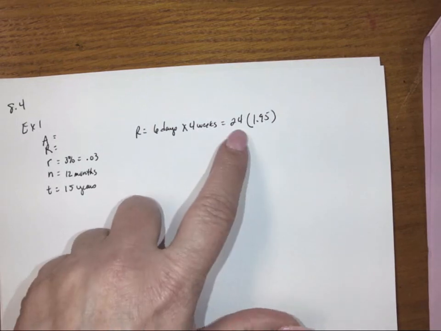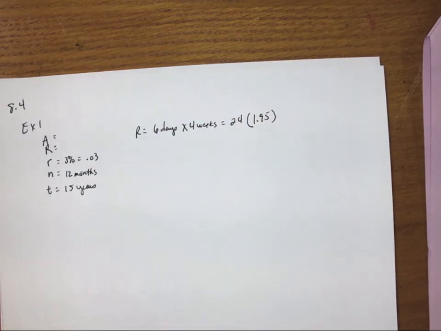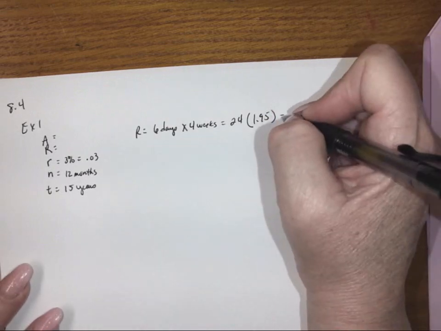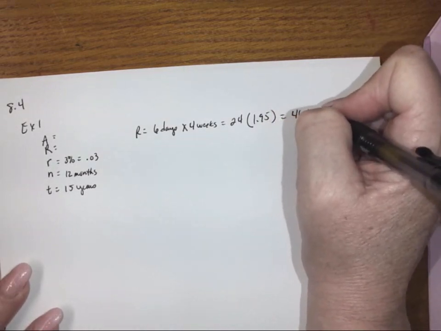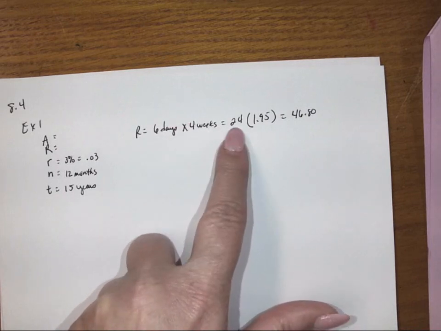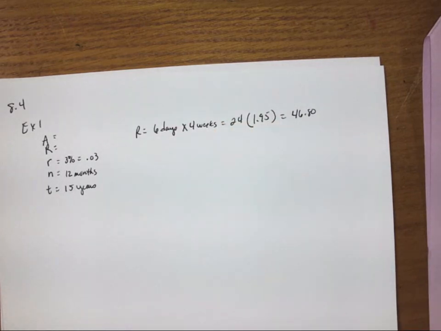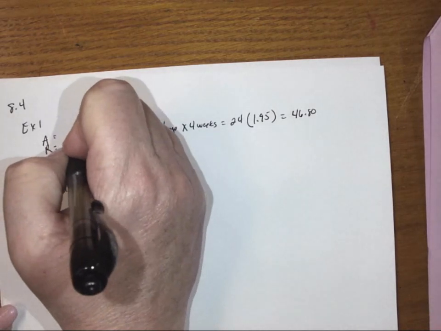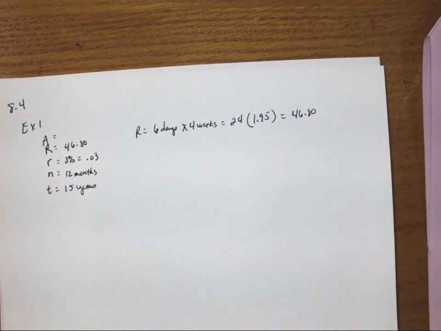He's spending $1.95 each time, so that's a total of $46.80. So we've got to figure out how many times it's happening in your month times your payment. So R will be $46.80, and we're looking to find out what A equals.